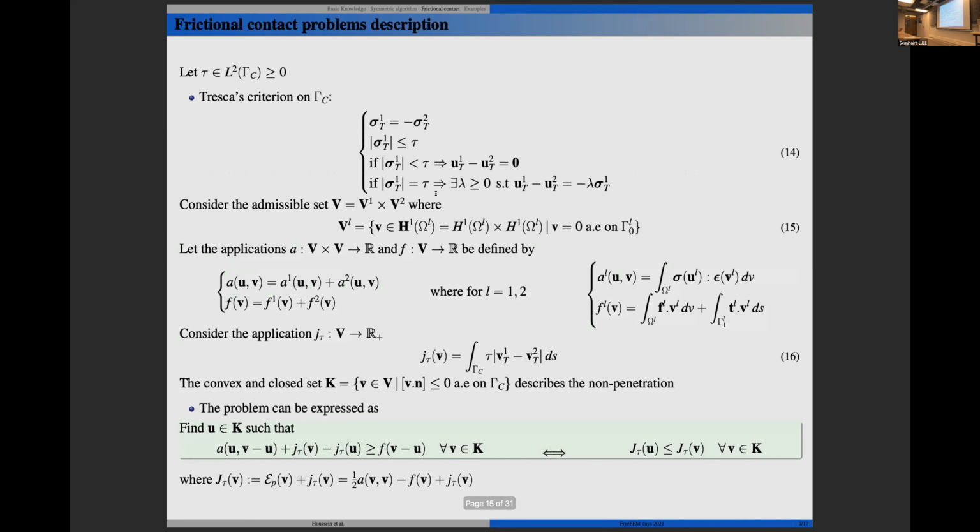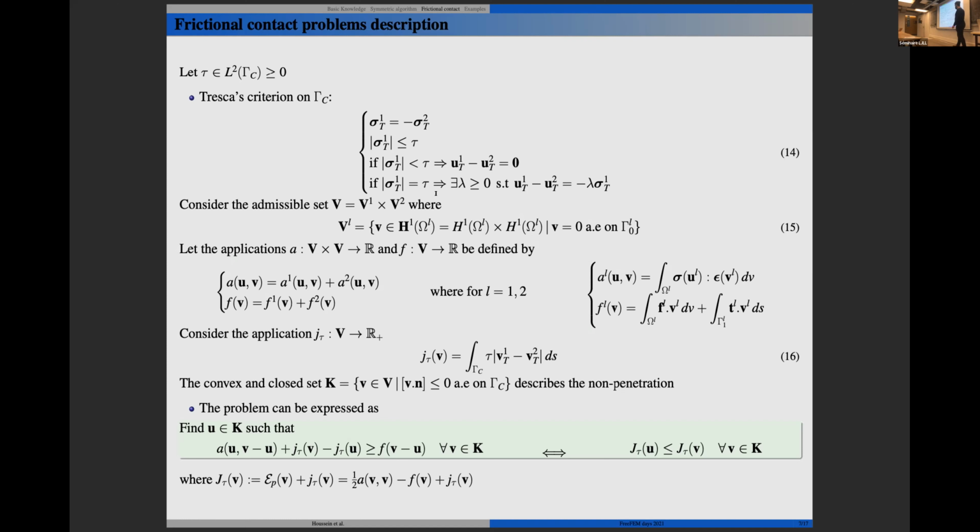Yes, but if you remark here, in the case of Tresca, we have a modulus of the vector here, which makes this functional non-differentiable. Therefore, in order to use some optimization methods, we will regularize this modulus in order to obtain a functional which is smooth enough.